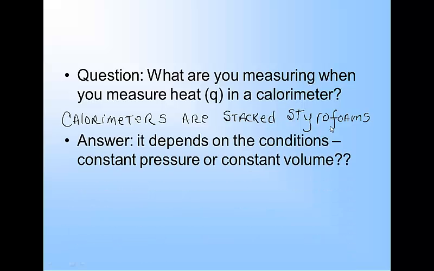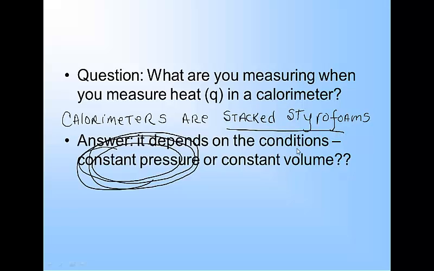It depends on the conditions. Are we doing calorimetry at constant pressure or constant volume? And in the class, it'll always be at constant pressure. Because for us, we are using calorimeters, which are stacked styrofoam coffee cups, at constant pressure.